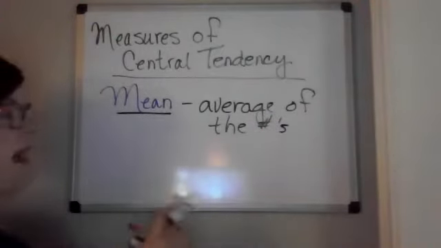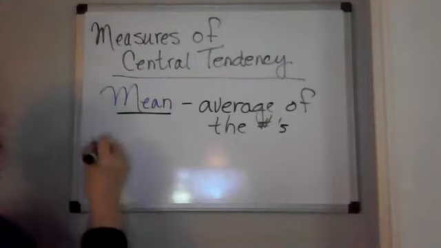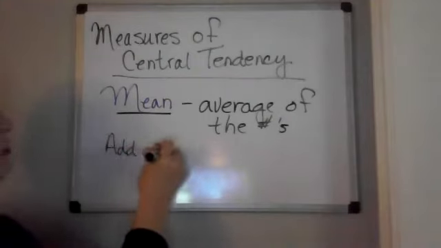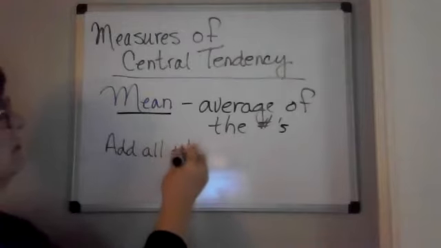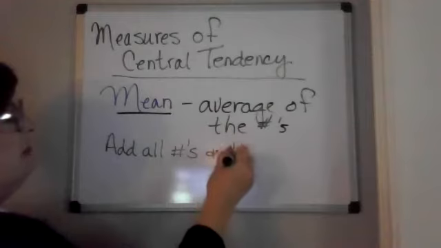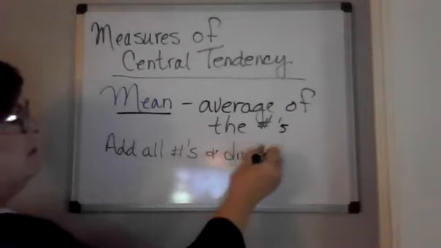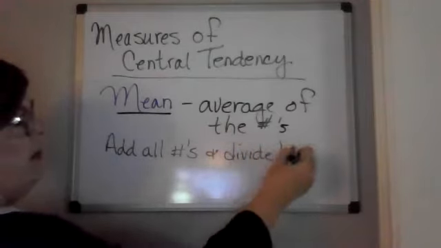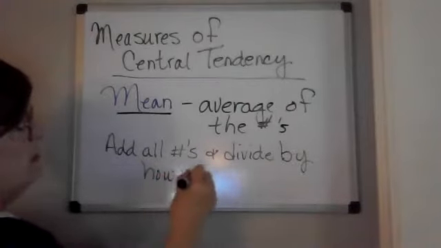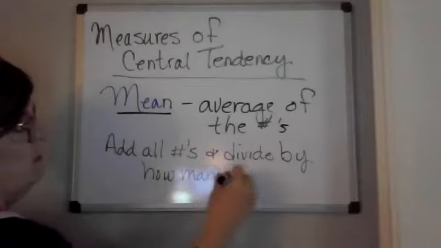Now, the way you get the average is to add all numbers and divide by how many numbers there are.